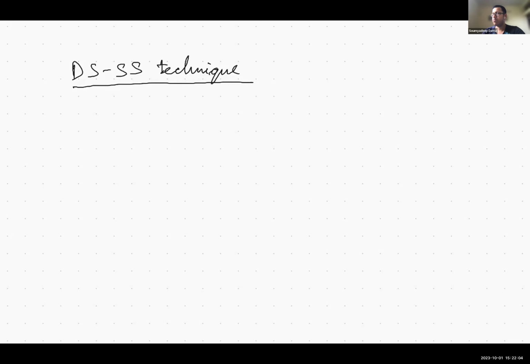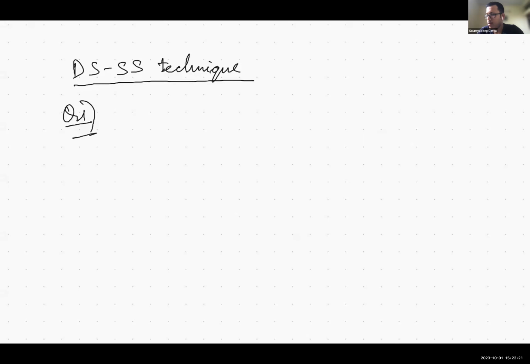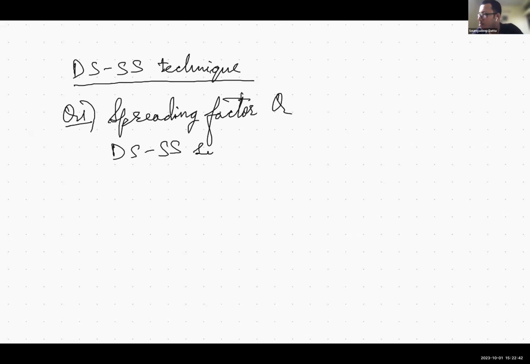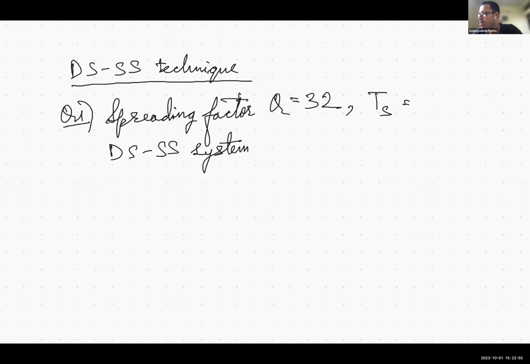So you can get a question like this. You're told that the spreading factor Q in a DSSS system is 32, and the number above is, let's say, 16, and the symbol time is 2 microseconds.